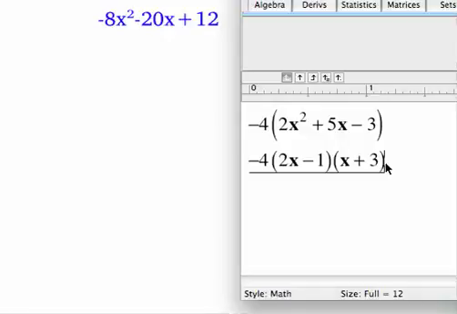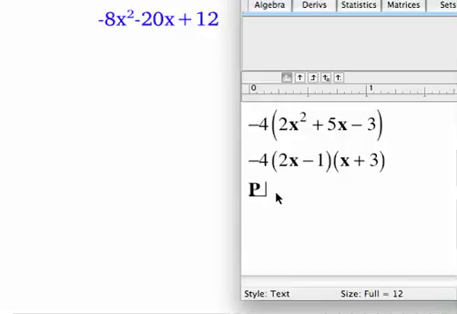Let's do a very quick PSF version of this. The P is the product of the first and last terms. We've already factored out the common factor, so we're starting here, and I'm skipping over that step.